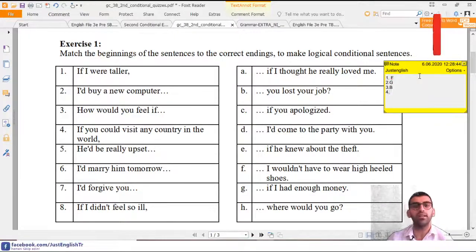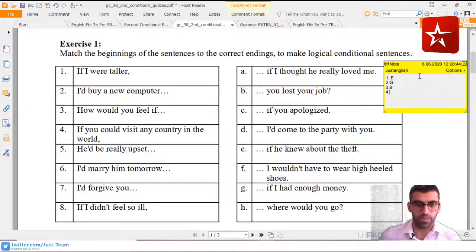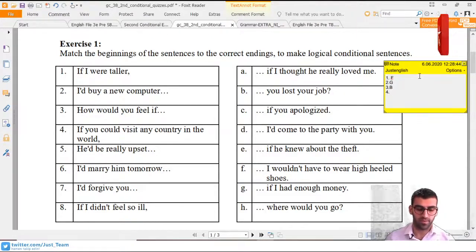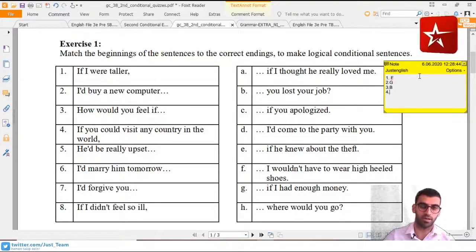How would you feel if you lost your job? By the way, I'm gonna ask the question to you. How would you feel if you lost your job? Can you tell me? Like unexpectedly you lost your job, okay? So it's a kind of surprise for you and you don't know what to do.